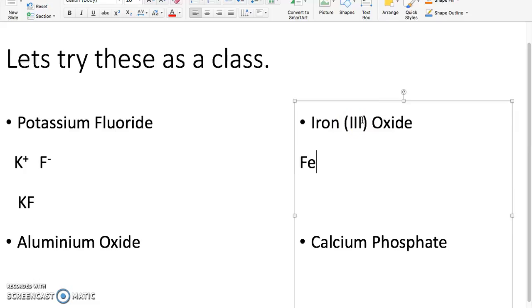So it's Fe3+. The oxide has a -2 charge because it's in group 6.